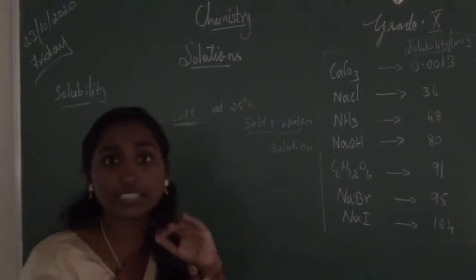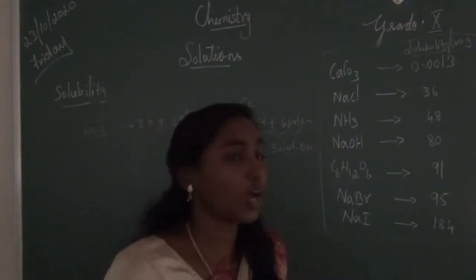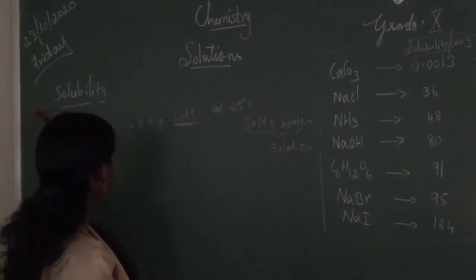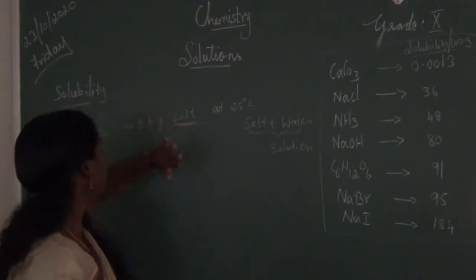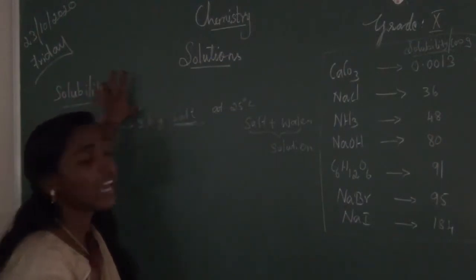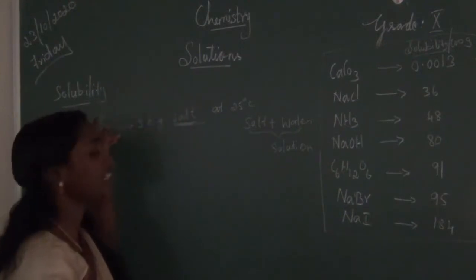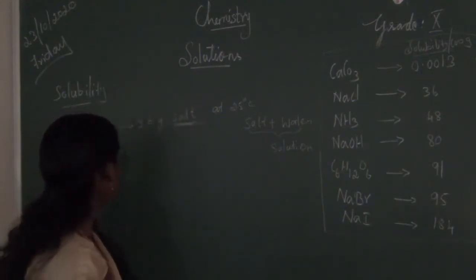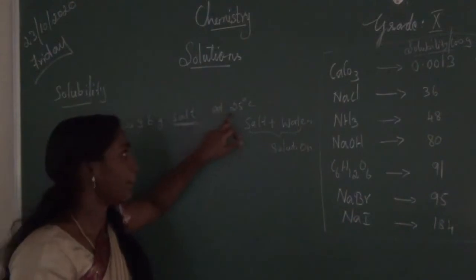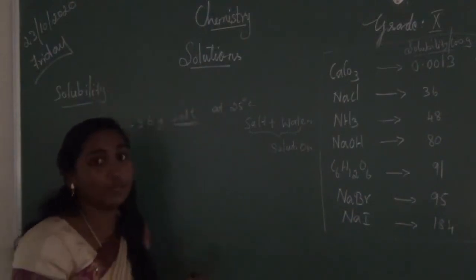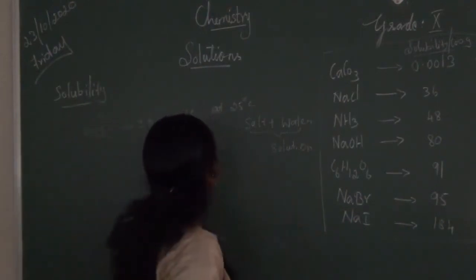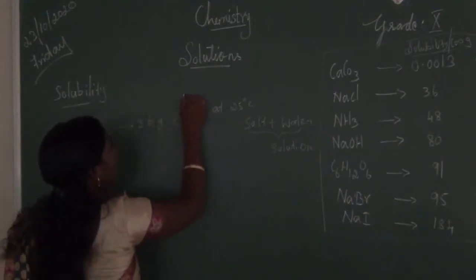Have you understood the term solubility? So what is solubility? Solubility is defined as the amount of solute dissolved in a definite amount of solvent at a particular temperature. Example, 36 gram of sodium chloride.